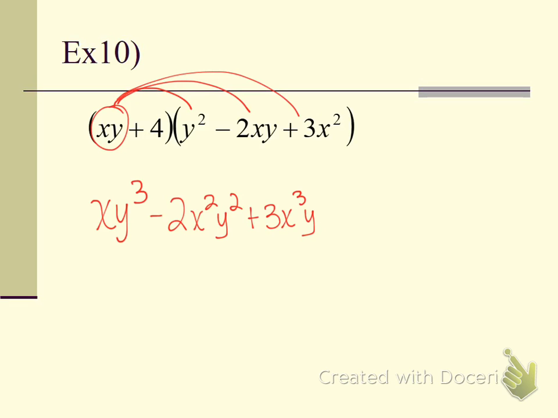Okay. So now what are we distributing? Positive 4 gets distributed to everything. 4 times y squared is 4y squared. Is there anything there that we would want to line that up under? No. So we're going to just create its own little column back here. So a positive 4y squared.